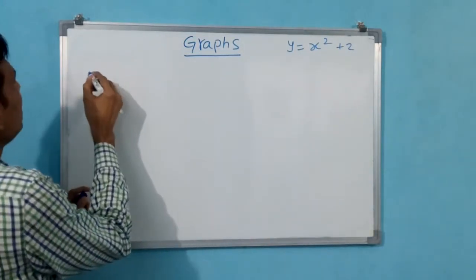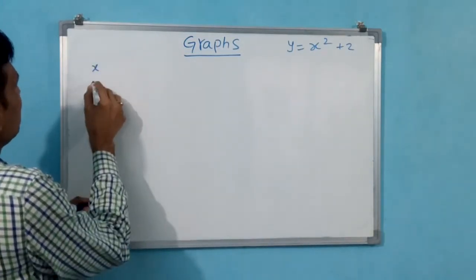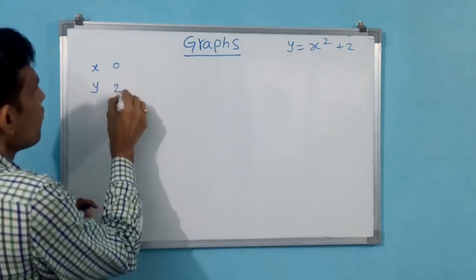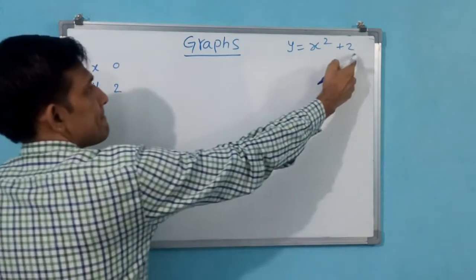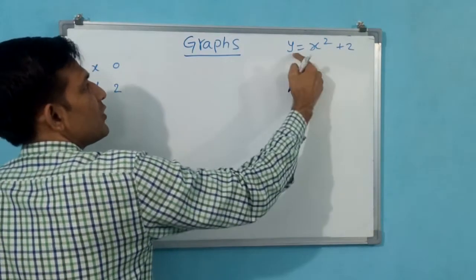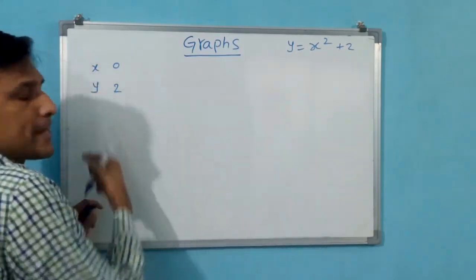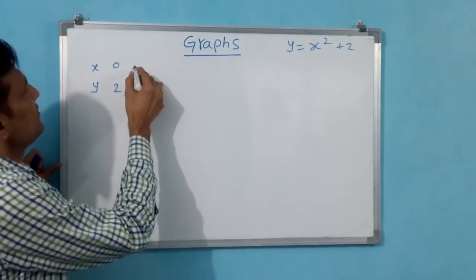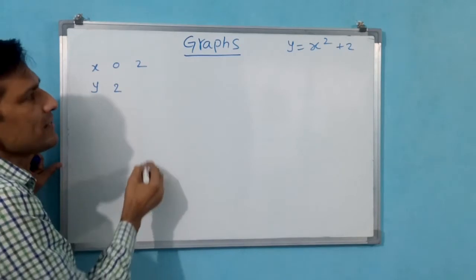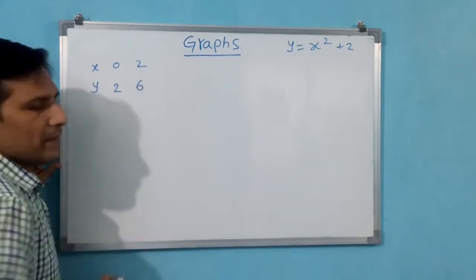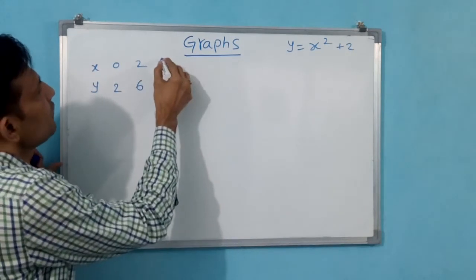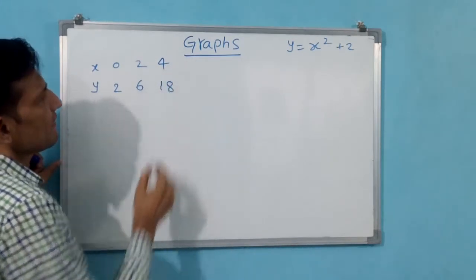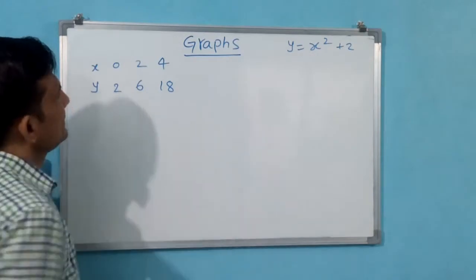Let us make a table x, y. When x is equal to 0, y is equal to 0 plus 2, 2. When x is equal to 2, y is equal to 6. When x is equal to 4, y is equal to 18, 4 square plus 2.